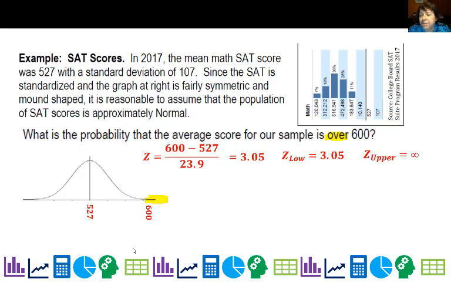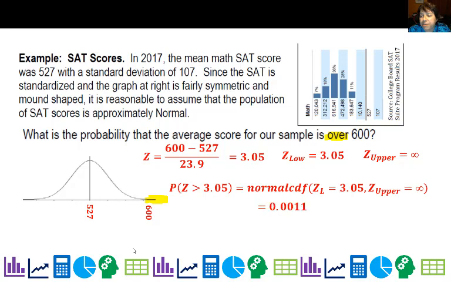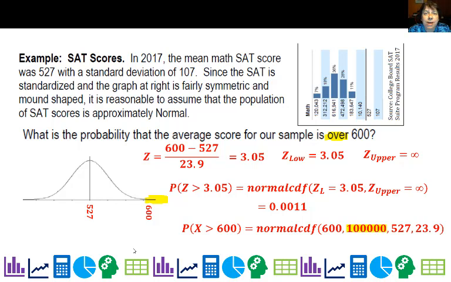My upper is infinity. And so I would go from 3.05 to infinity, and I get less than 1%, about 0.11% probability. Now I could have also entered this in using the mean of 527 and my new standard deviation of 23.9, and that would also give me the same value.